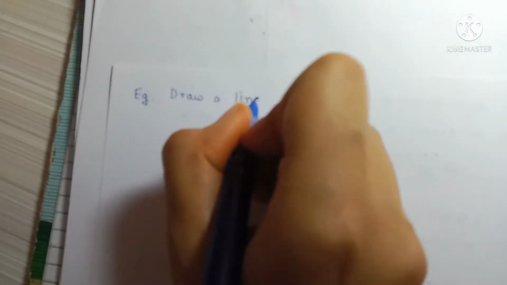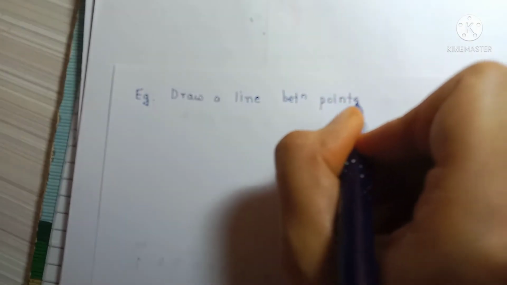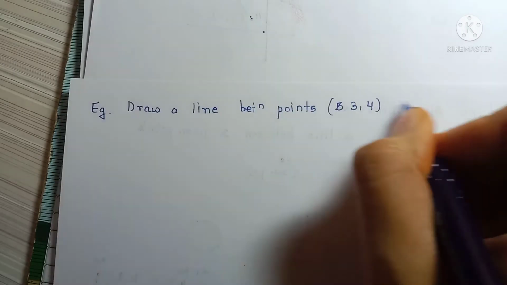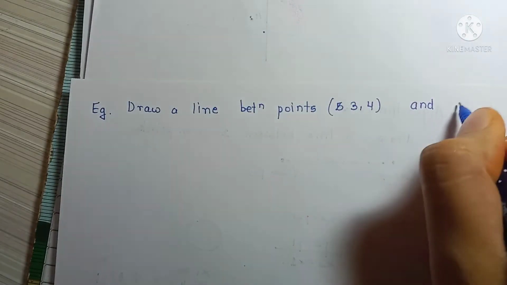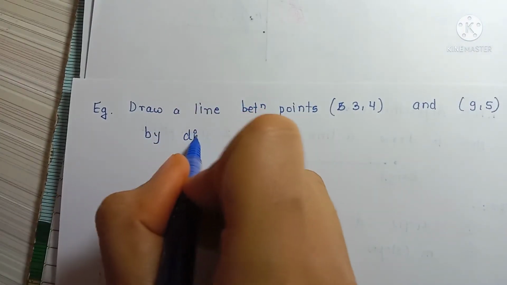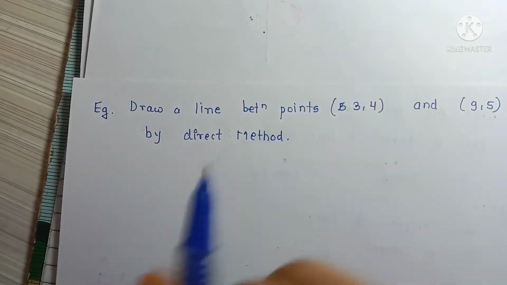You have to learn this. The question is given like: draw a line between the points 3, 4 and 9, 5 by direct method.